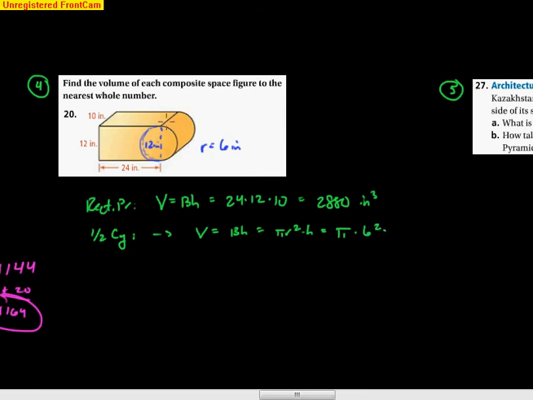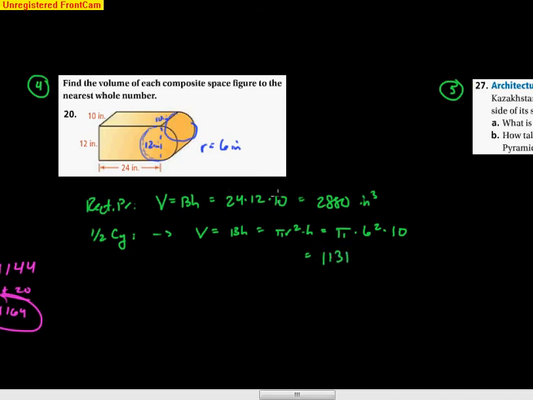And then the height would have to connect the two circular bases. The other circular base is over here, so the height has to run this way. So the height is that 10 inches that goes between the two circles. That's kind of tricky, right? This volume comes out to be pi times 6 squared times 10. We'll go 1131.